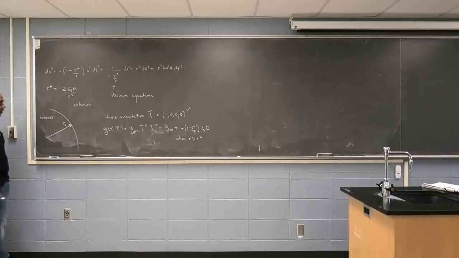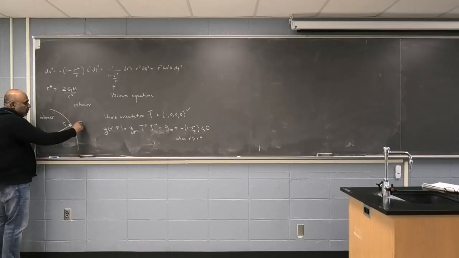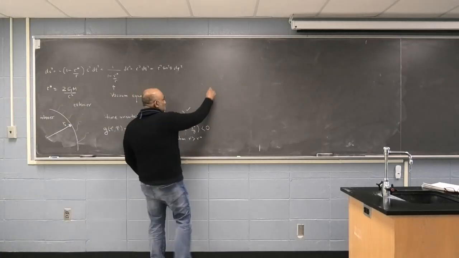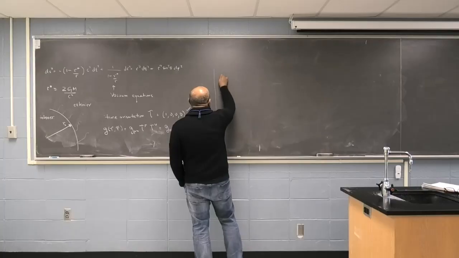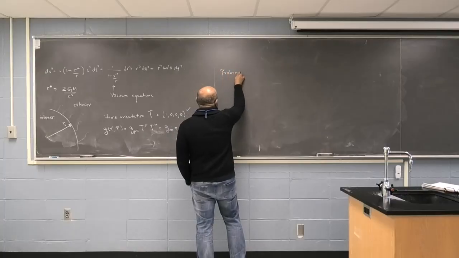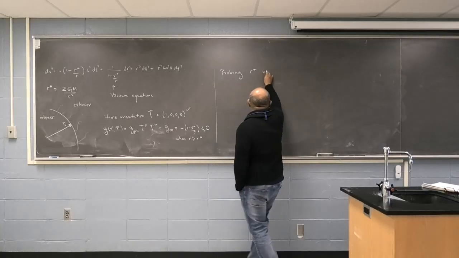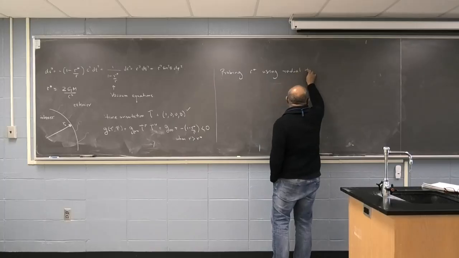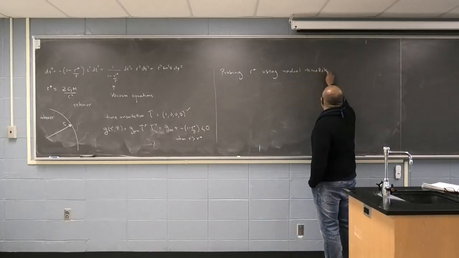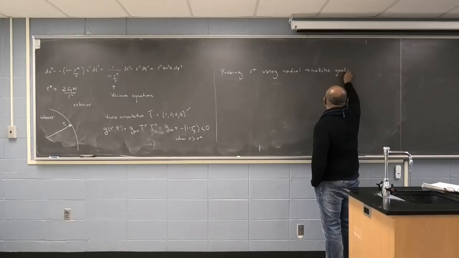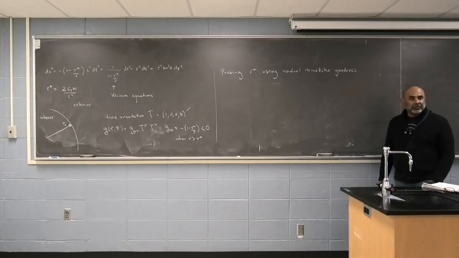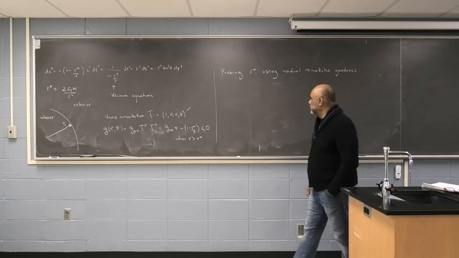So obviously what we're trying to do is probe what's going to happen as we throw things into r equals r star. Probing r star using radial time-like geodesics, just to understand the source of the problem, or of intrigue, you can say.